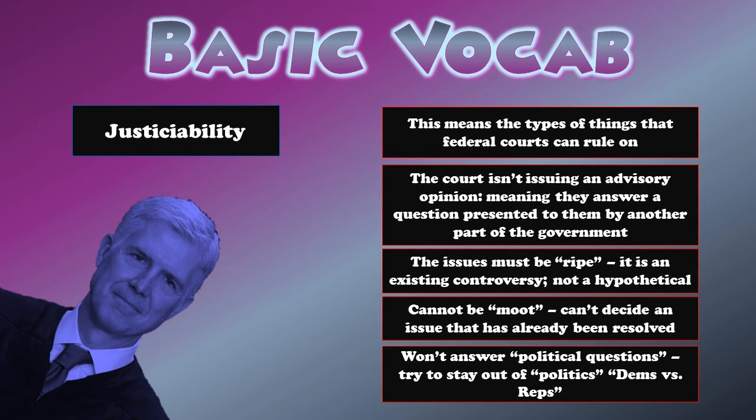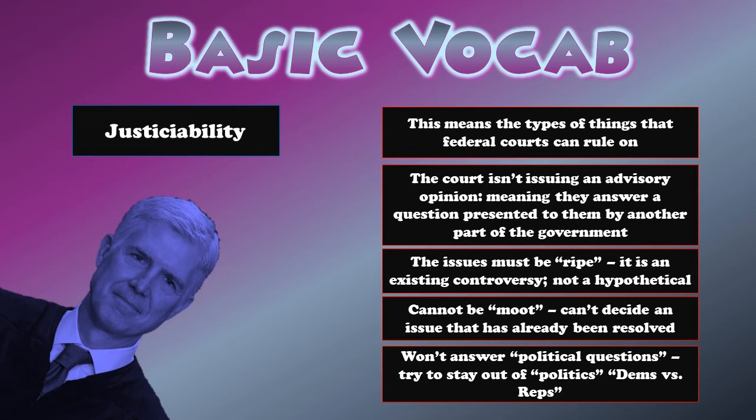The other thing here, the issue cannot be what we call moot. Cannot be a moot point. So the court is not going to decide an issue that has already solved itself. Okay? So the court will not make a decision or even deal with a case that has already solved itself.